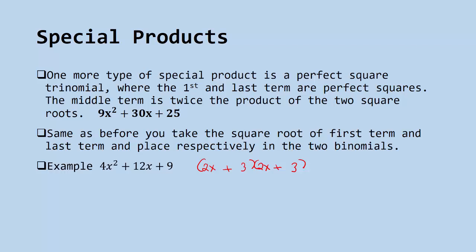And now you can see that the inside-outside terms, 3 times 2x, those were the square roots of each side, that's 6x. And 3 times 2x the other way is another 6x. And that's where we get the initial 12x. So that's what we mean by double, or twice the product of the two square roots. So the square roots were 2 and 3. You multiply them together, you get 6. Double is 12. And that's how I knew it was a perfect square trinomial.